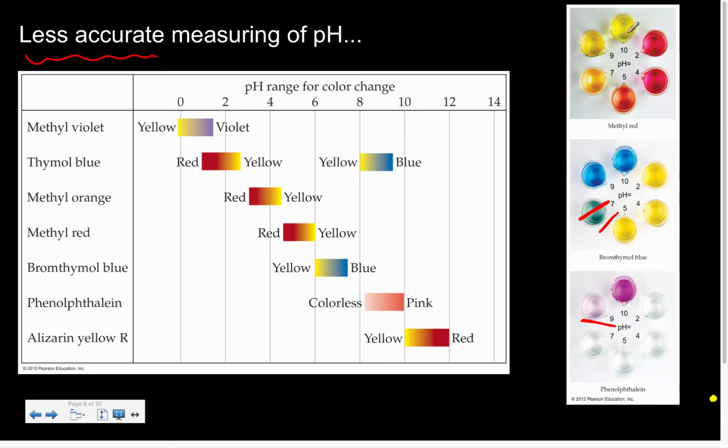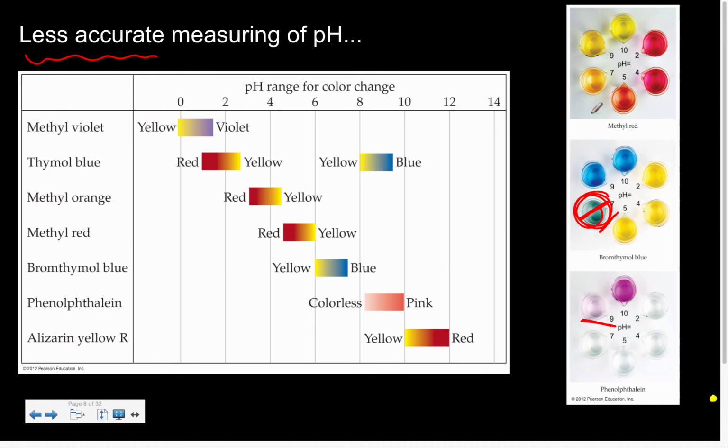Now, this brings us back to equilibrium concepts, in terms of why this one is green. This one is green because if deprotonated is yellow and protonated is blue, but we have a mix of protonated and deprotonated, we end up with something that's green. Likewise here, if protonated is clear, deprotonated is pink. In between, we're going to get a pale pink if we have a mixture of both of those species. Yes, same thing up here.